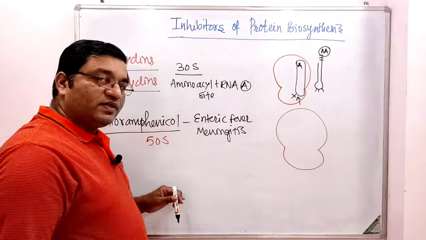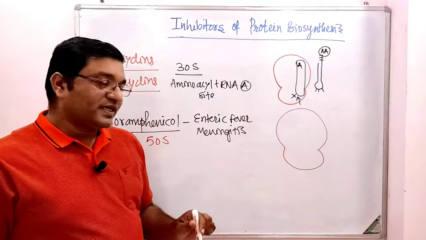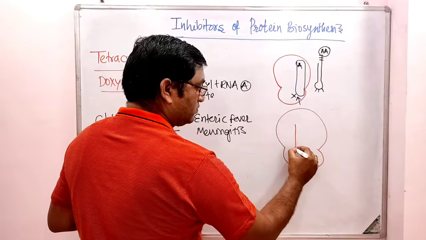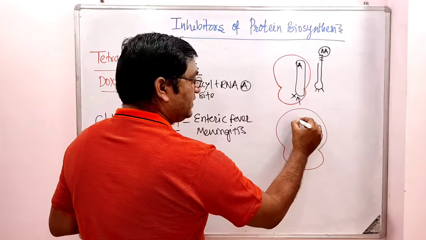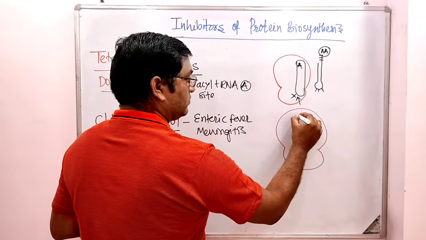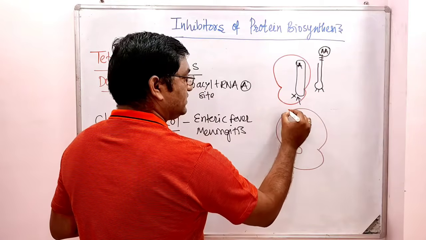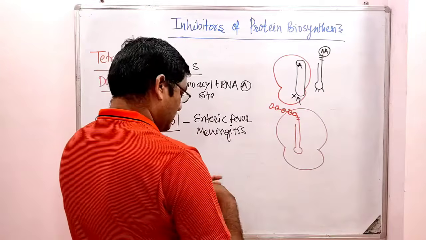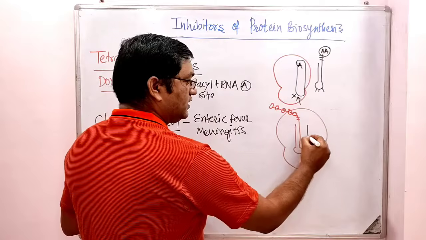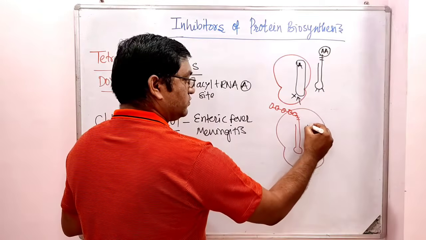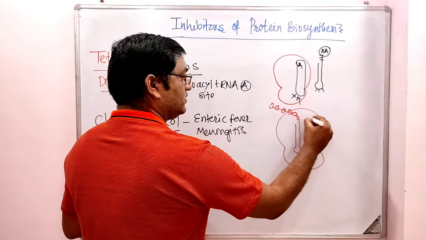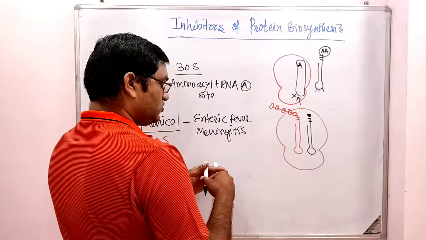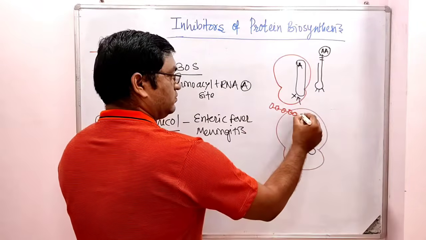What is the activity of peptidyl transferase? Formation of the peptide bond. So suppose this is peptidyl tRNA with the amino acid chain, and this is aminoacyl tRNA with a new amino acid. There is bond formation between these two amino acids.